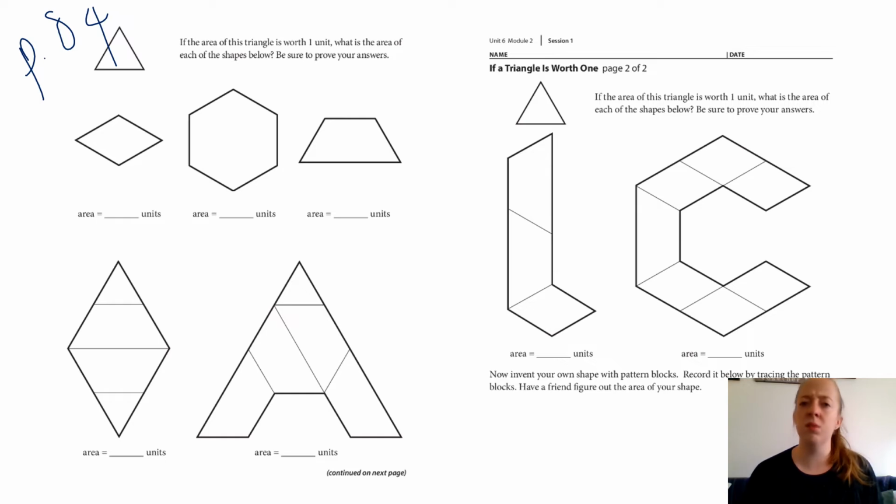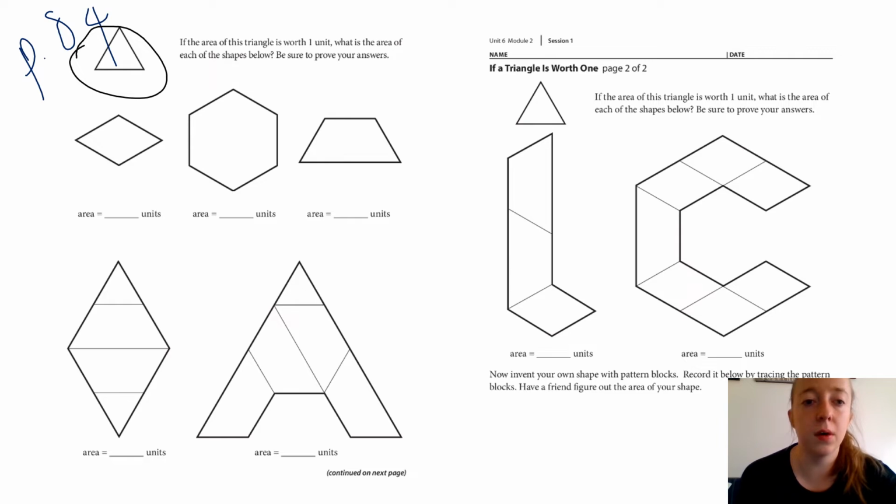And you're like, Ms. McCarrel, how do I do that? Well, you first have to know what is worth 1 unit. And it tells you up here, a triangle is worth 1 unit. So knowing that fact, you're going to find the area of each shape: the rhombus, the hexagon, and the trapezoid.